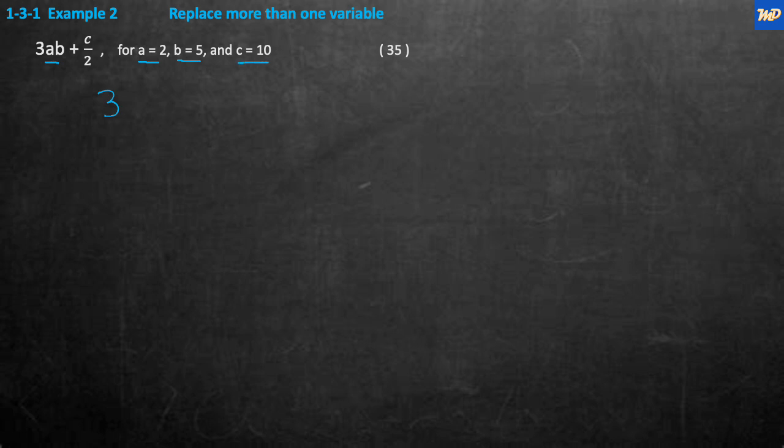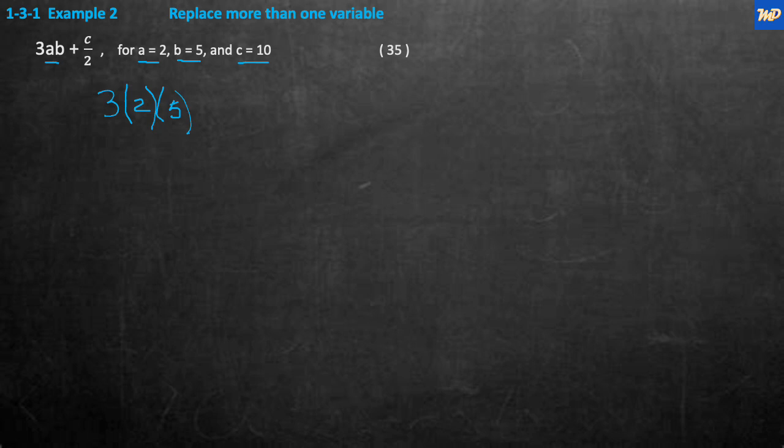So when we do that, we're going to have 3 times the a value, which is a 2, and I'm using parentheses to indicate the multiplication going on here. And the b we're going to replace with a 5. So now we have 3 times a times b, or 3 times 2 times 5.